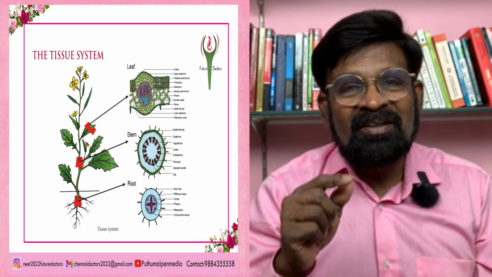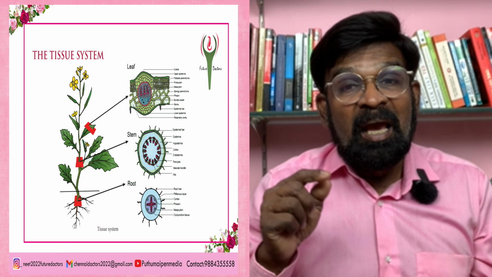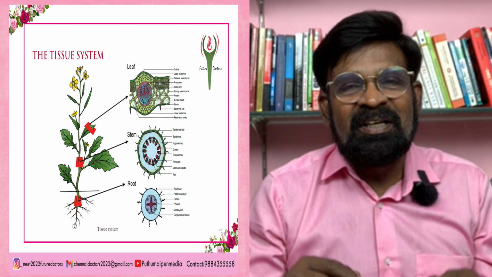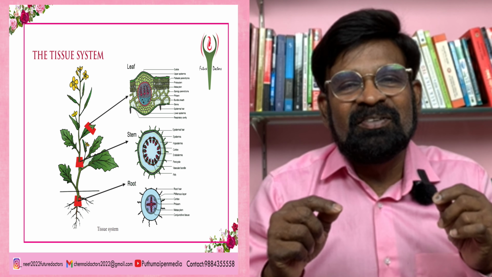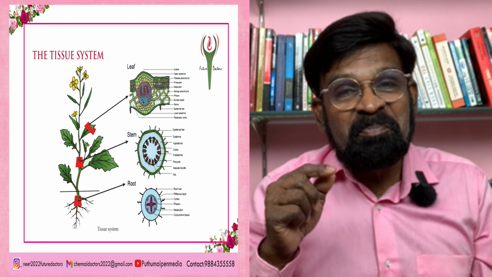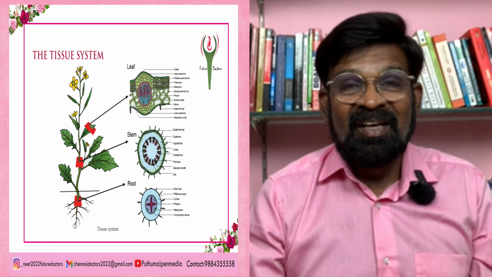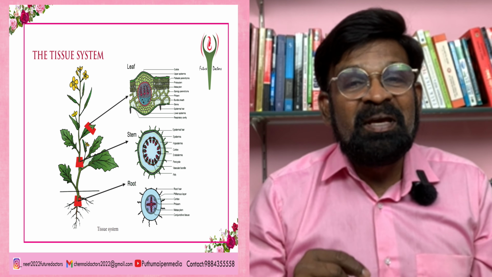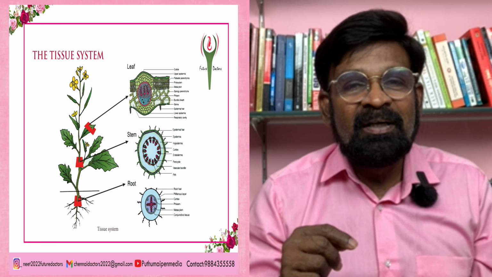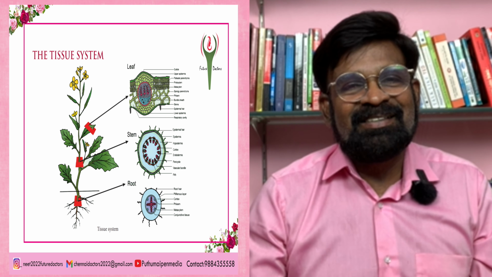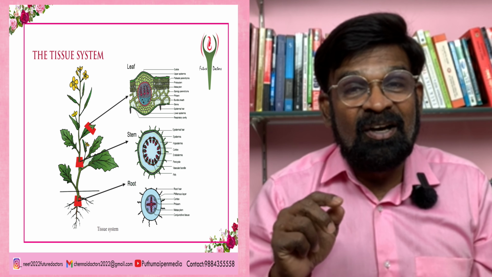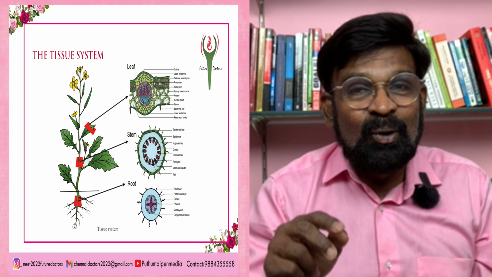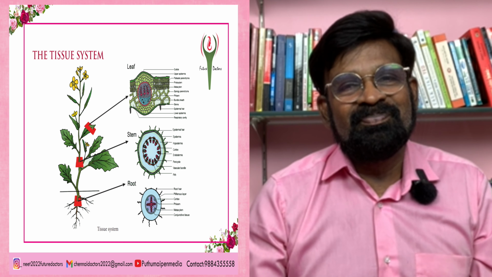The stomata are openings in the epidermis of most of the aerial parts of the plants, especially the leaves. Each stoma is composed of two bean-shaped cells called guard cells, G-U-A-R-D, guard cells, which enclose the stomatal pore.